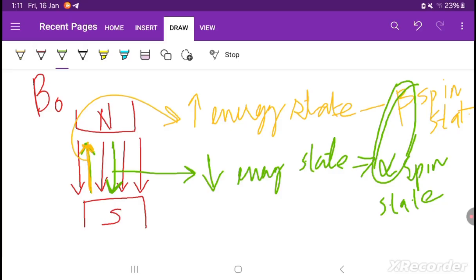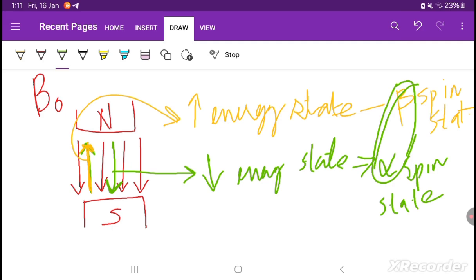It jumps between these energy levels, and absorption is what we detect in NMR. So it's from this principle that we are using the NMR spectrum.